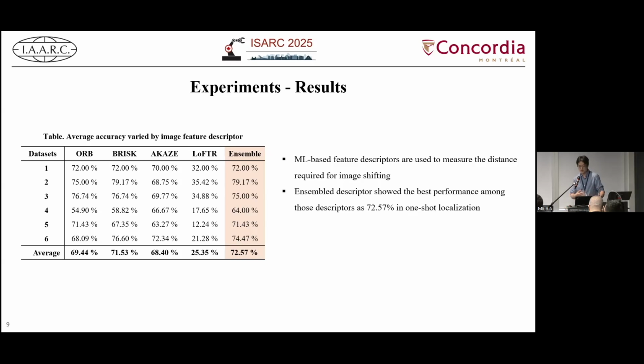To further enhance performance, we employed ensemble descriptors for the feature matching, combining ORB, BRISK, and AKAZE, and it ultimately yielded the best performance among them.